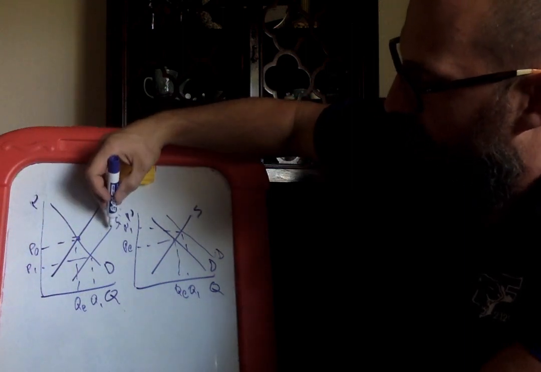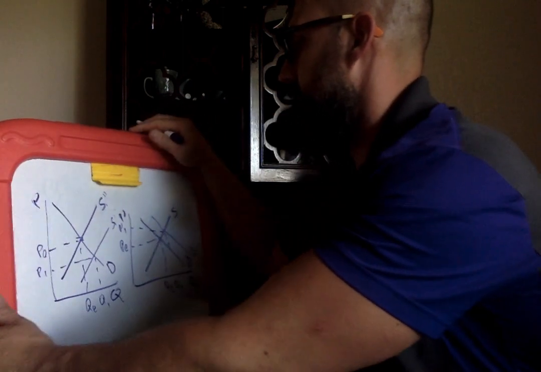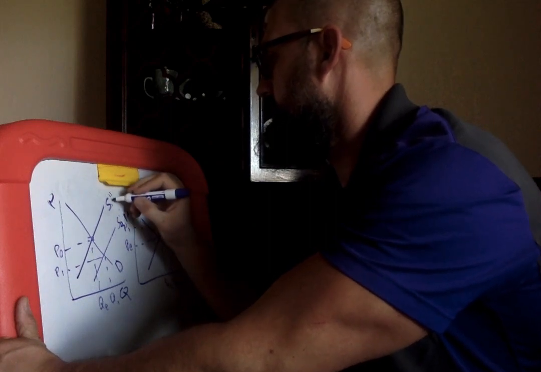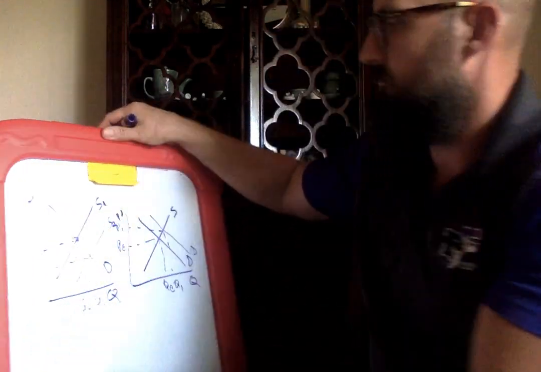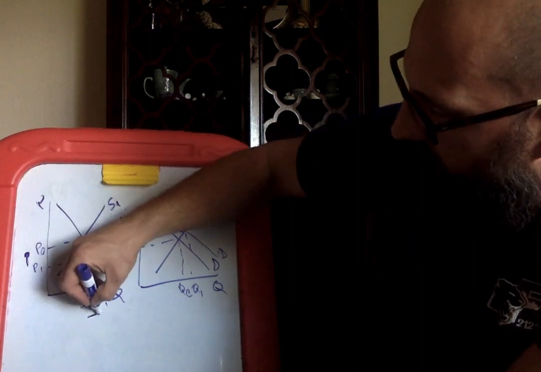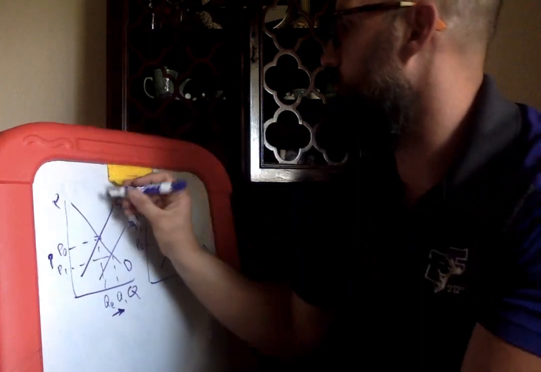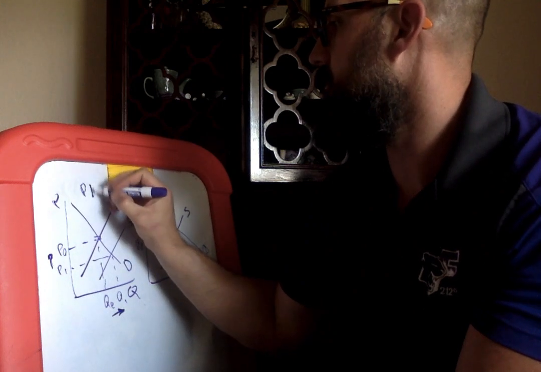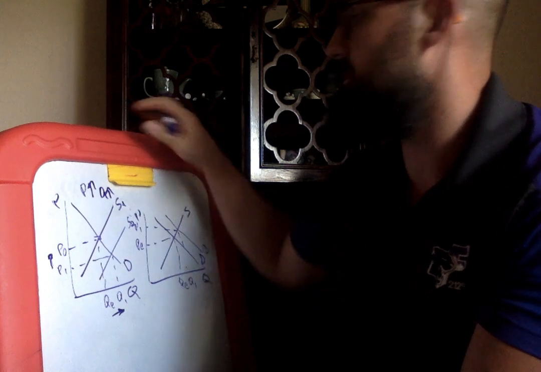And so supply increases. Supply increases, so price goes up, and quantity goes up. So you just write that right here. Price goes up, quantity goes up.